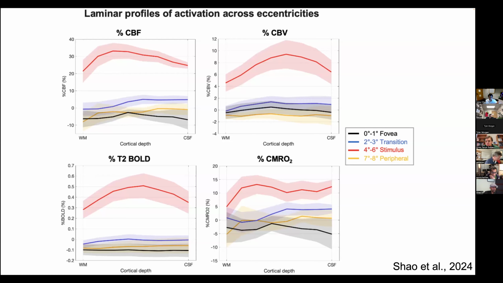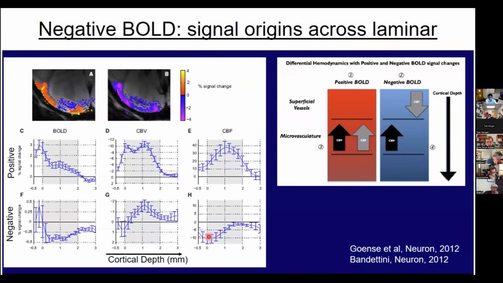Yuhui, can I ask something to clarify? In the previous slide where you showed Goense's work, in panels D and G, the positive and negative are upside down. If I heard correctly, you were saying the lower side is negative. Was it? Yeah, it's negative. Does it change the way you interpret?